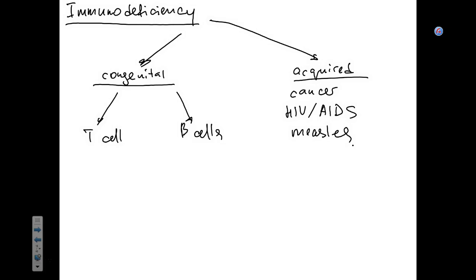Okay? Does that make sense? So if you don't have any, now throw smart words at me. Agammaglobulinemia. Gamma globulin, antibodies, emia in the blood. No antibodies in the blood. Okay? That's no B cells.